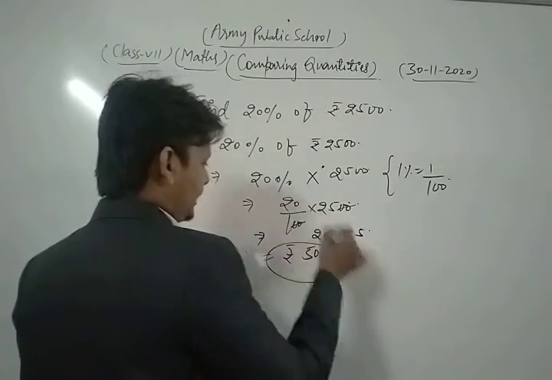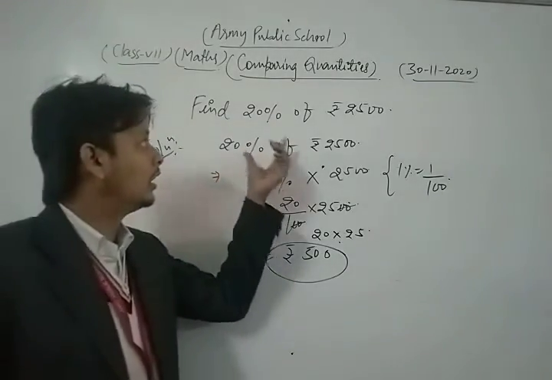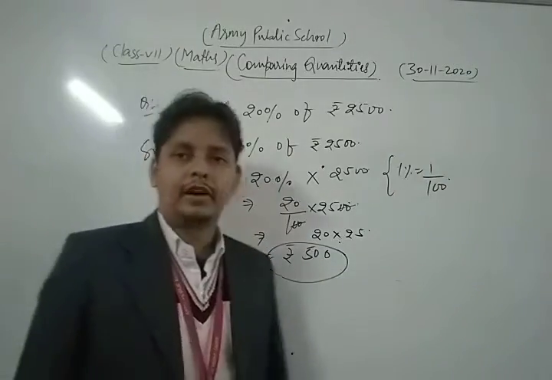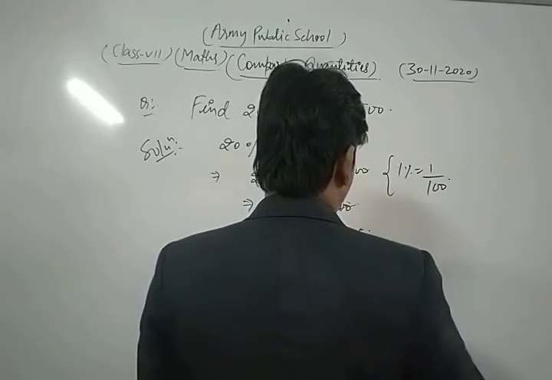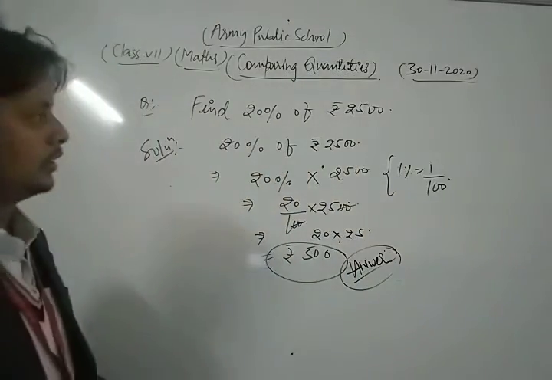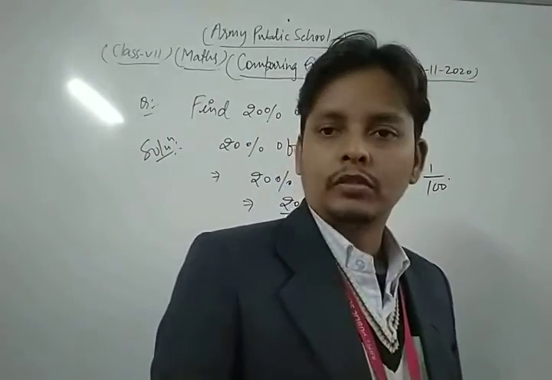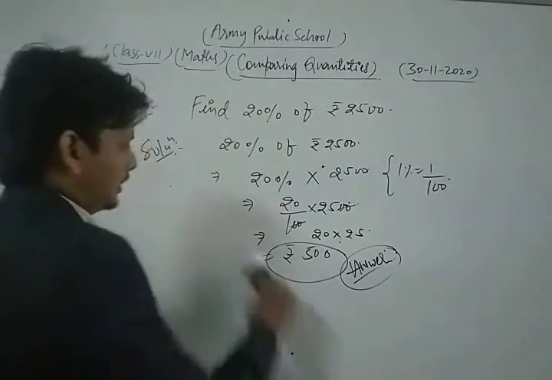Thus, in this way, dear students, 20% of rupees 2500 is 500. This is our required solution of the given question. Okay. Now, next we take and solve another question of your NCERT exercise based on the topic percentage. Let's see.